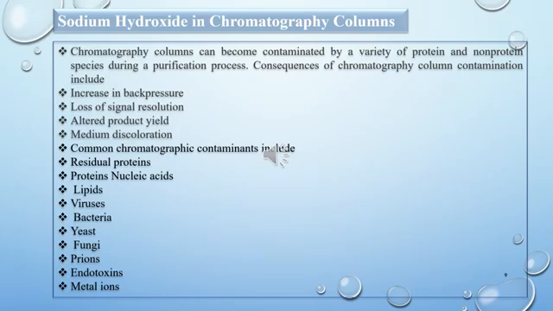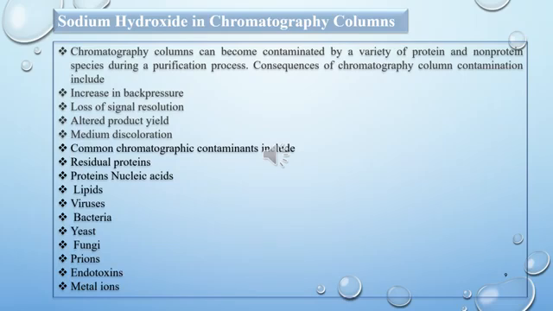Then the next point is altered product yield. If you are expecting 80% or 70% yield, then by the contamination of protein and non-protein species, your yield will become less than 50%, which is very bad for your reaction or for your product.